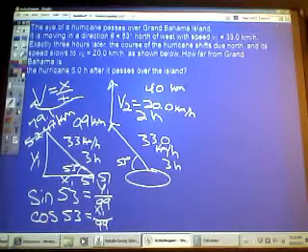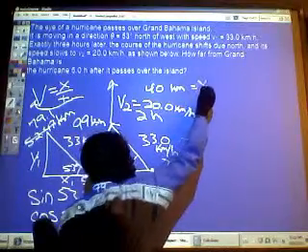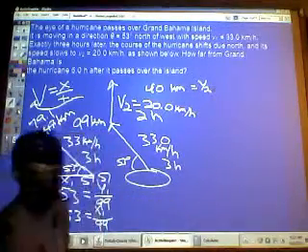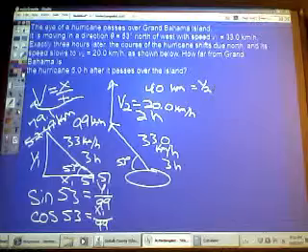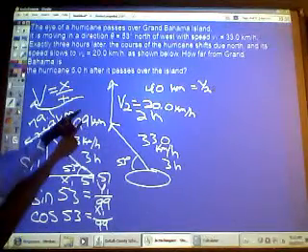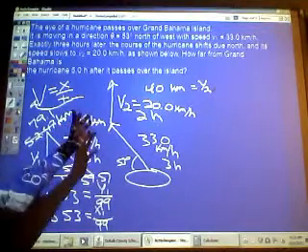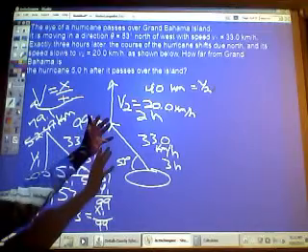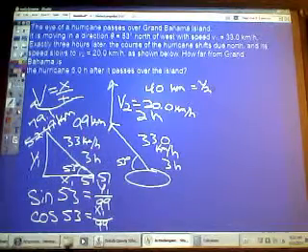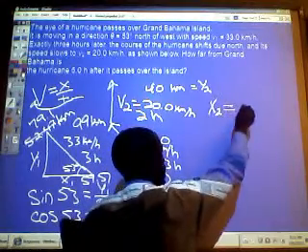That's my y2. What's my x2? What's the X component of this second one? How far does it go in the X direction? 0. There is no X component. X2 is 0.